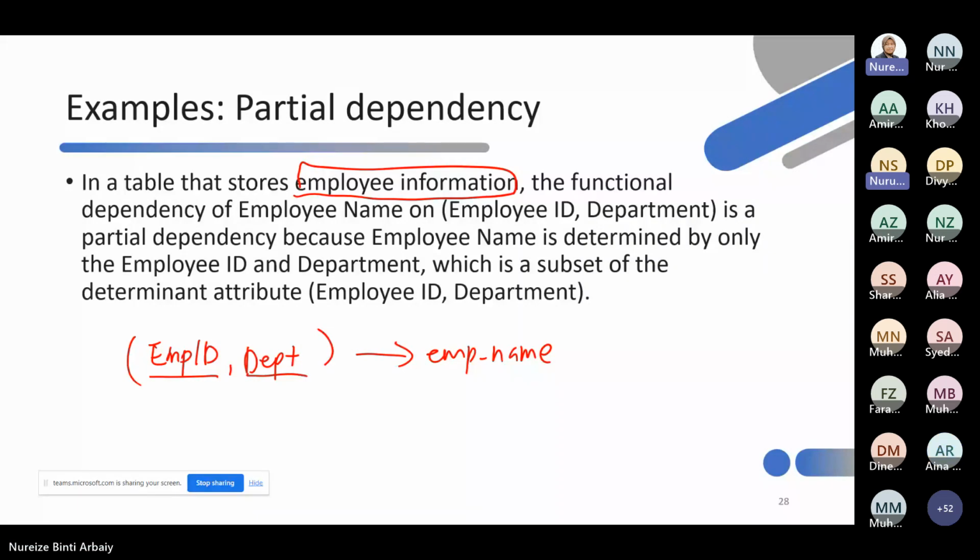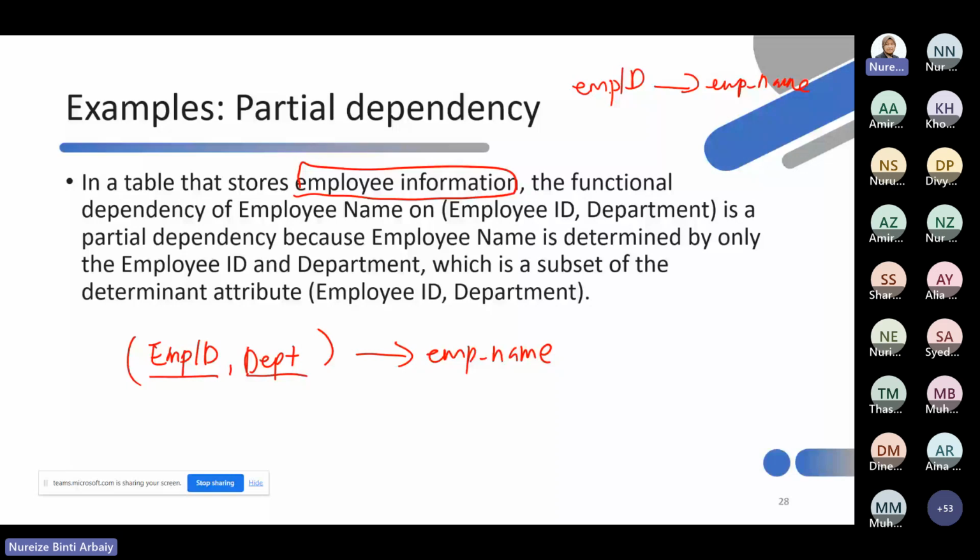So this is partial dependency. Many times students create it like this, employee ID determines employee name. This is also correct, but as I said, that depends on the situation, depends on the case study given. Sometimes it does require more than one key to be a primary key.